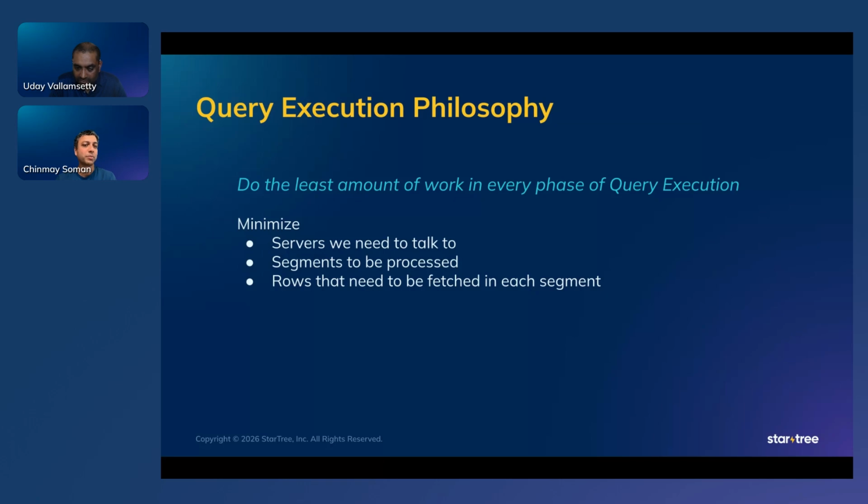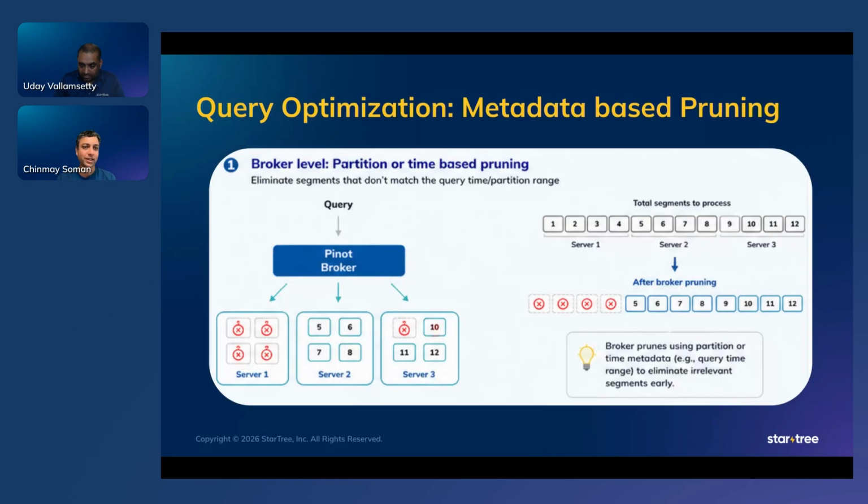So we need to minimize the number of servers we need to talk to, minimize the number of segments that need to be processed within those servers, and then further down at the segment level, how many rows we need to actually fetch to answer that query. That optimization happens across all these levels.